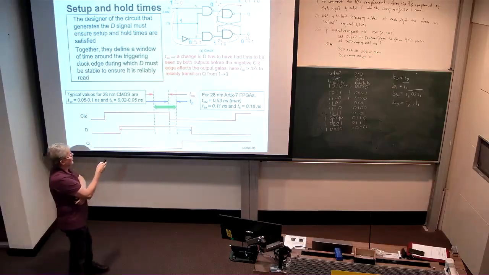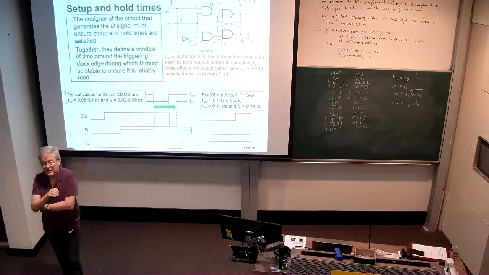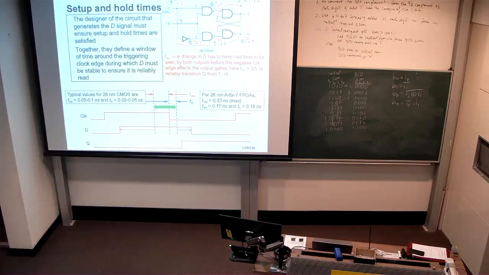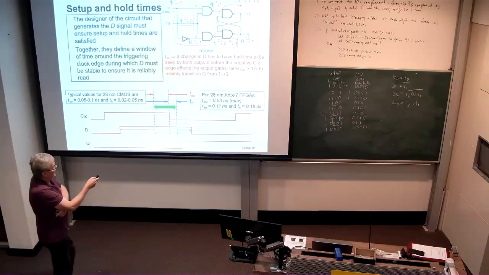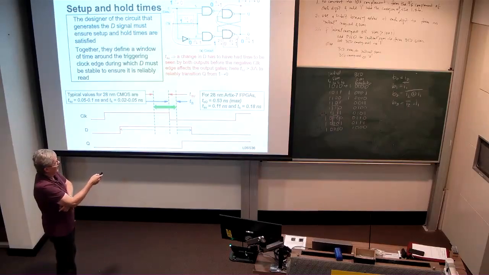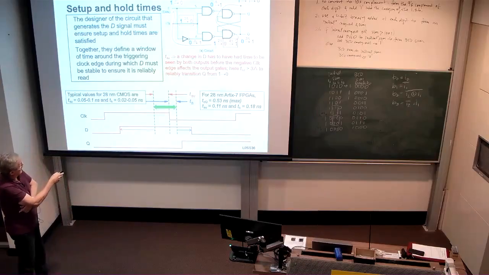And unless the clock waits for at least 3 delta, a period of 3 delta after D changes, we're not going to reliably see the output. Let me show you how. So if the clock were to change from 1 to 0 at 3 delta time, then that would imply that this wire here is going to go back to 1 at 4 delta time, because now we have a 0 on input.